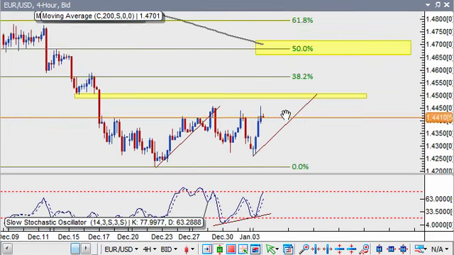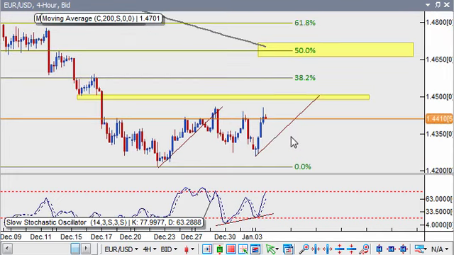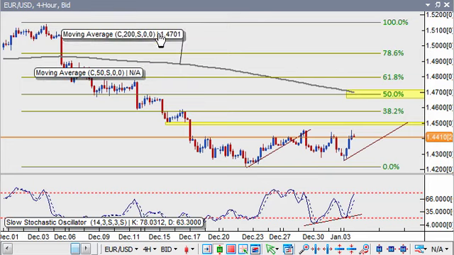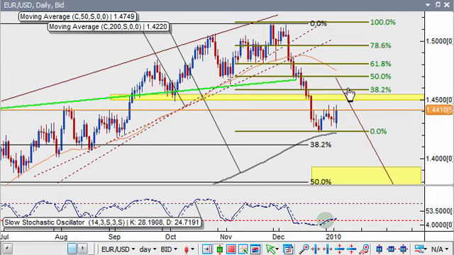Another possible scenario is further retracement. If we see some more dollar weakness, we would see some more retracement, and that would give this pair a chance to retest this 200 moving average in the 4-hour time frame. And in the daily time frame, it would be this 50-day moving average.